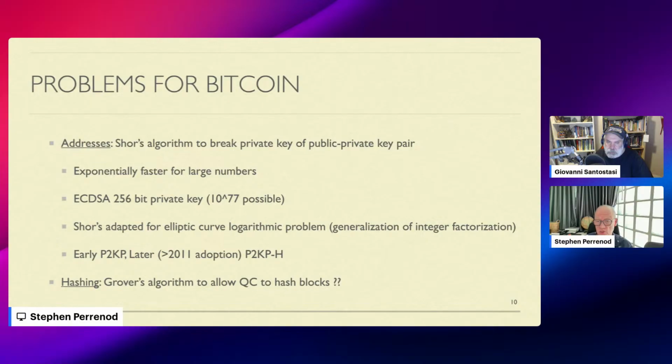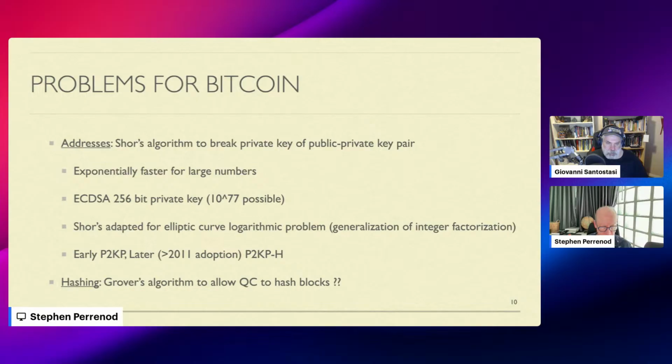Okay, so Bitcoin addresses in the early days used something called P2PK, and unfortunately, those are all exposed. That is, the public key is exposed, and then if you have a powerful enough quantum computer, you could crack the code and learn what the private key is. So that got improved with a design in 2010 that got rolled out to wallets over time, but mostly was adopted in 2011 by adding a hash feature.